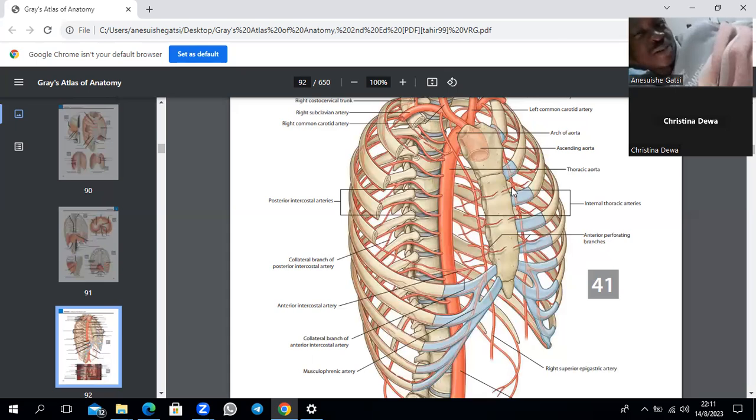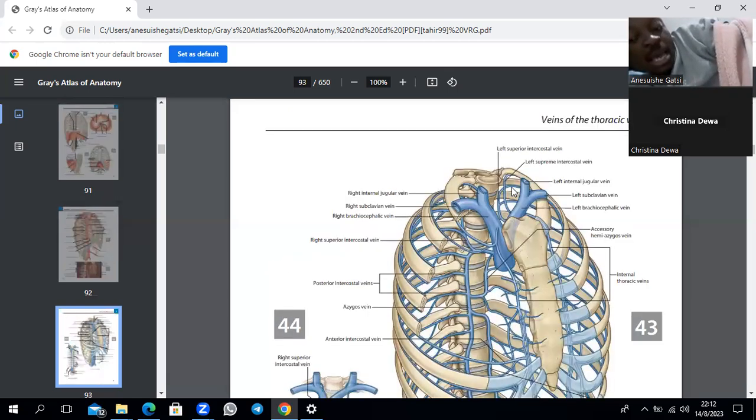Common sense should tell you that if you have 12 ribs, you should have 11 spaces, because space number 1 is the space below rib number 1. So if you have rib number 12, there is no space 12 because there is no rib 13 to make it a space. So you have 11 intercostal spaces. On the anterior side, we are saying upper 6 and lower 5. On the posterior side, it's a different story.